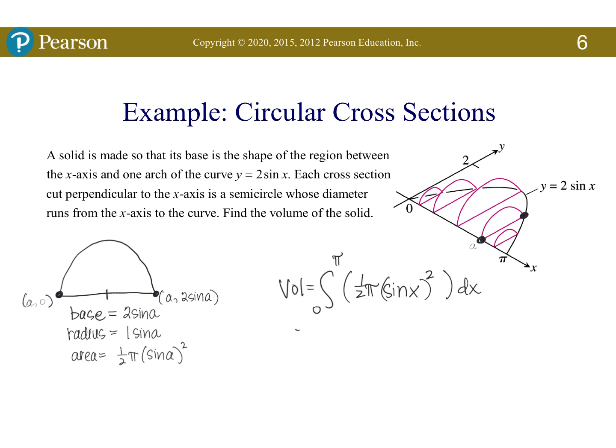You can pull the 1/2 pi out to the front because they're both constants. And then you'll be left with the quantity of the sine of x squared dx. And then you'd run that through Math 9, and then you would have your overall volume.